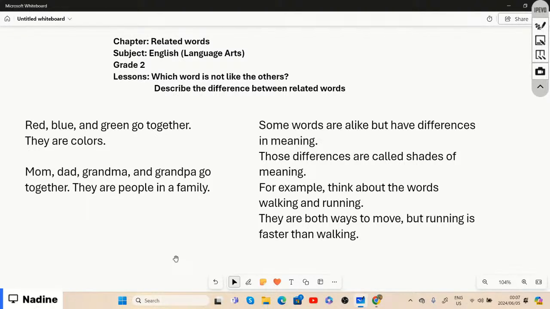So with related words, like I say, some of the words are alike, but you'll have certain differences in meaning, right?